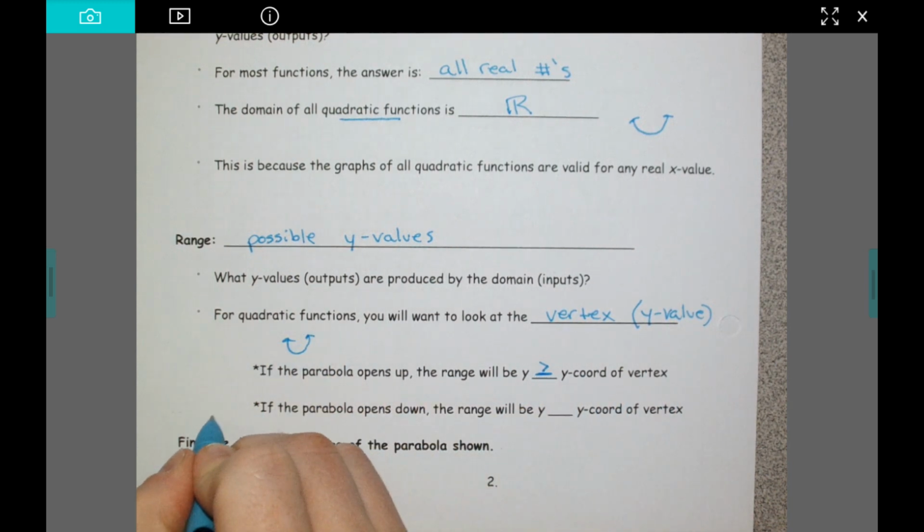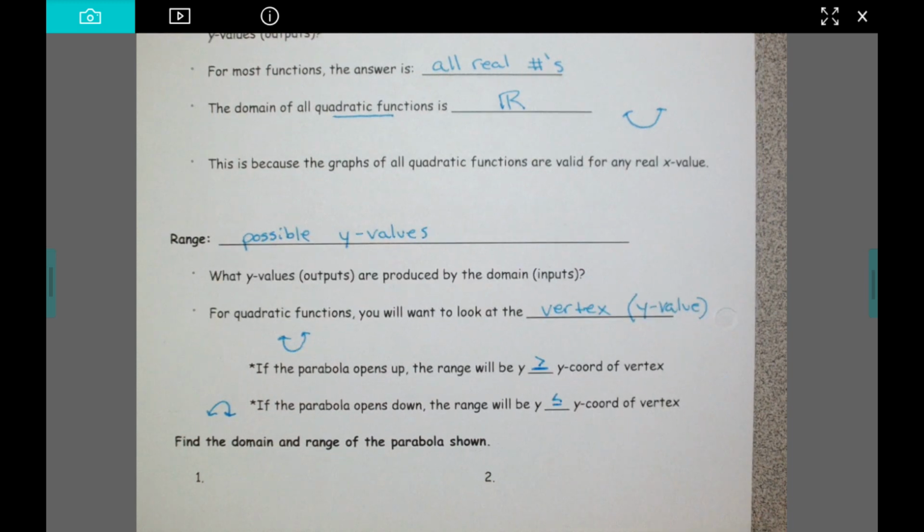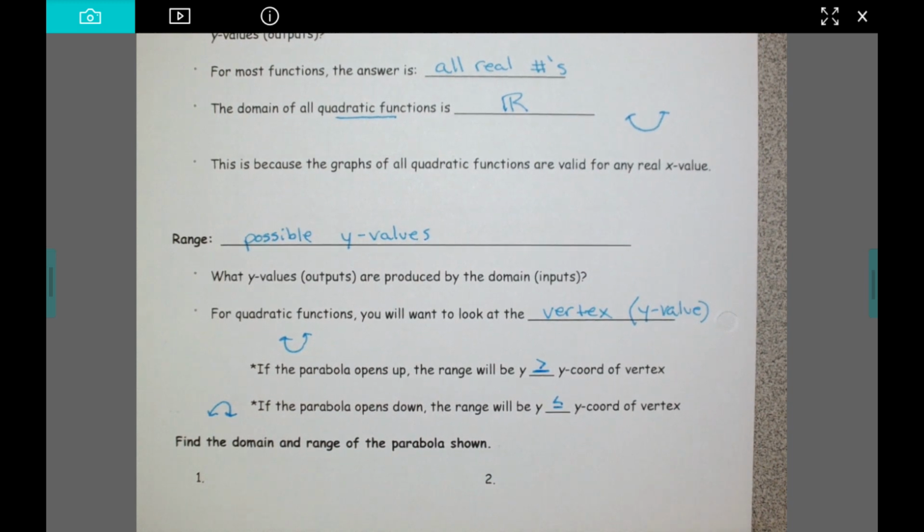If it's going to open down, it's every y value less than or equal to the y coordinate of the vertex. Okay, but once again, the key is to figure out what your vertex is, and then if it opens up, it's the values greater, so going up. If it opens down, it's the values less than.